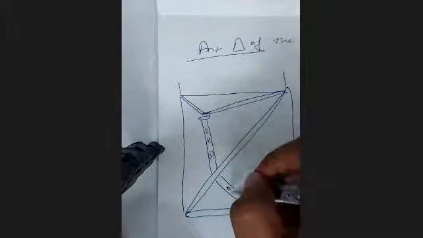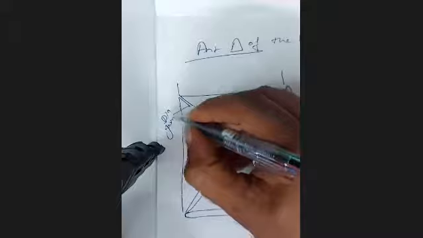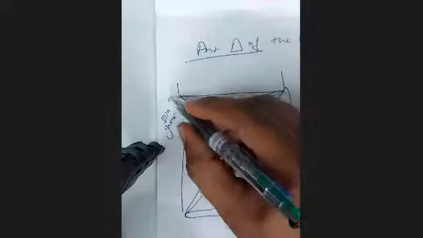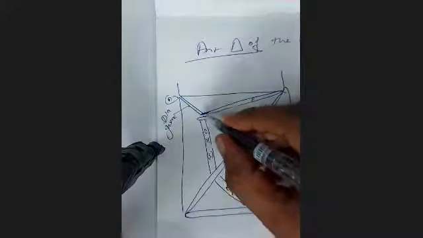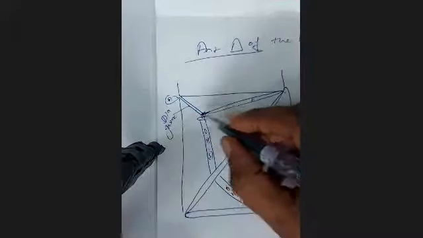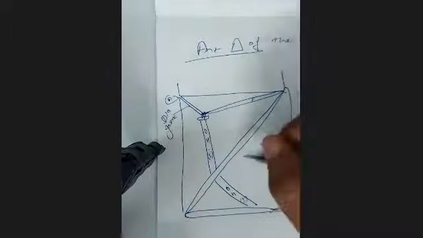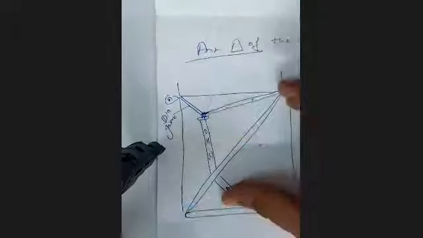Omohyoid has a superior belly and inferior belly. Now this muscle is digastric. It has two bellies. So this is the anterior belly and this is the posterior belly of digastric. And this digastric is attached to the hyoid bone. This is how the triangles get further divided.